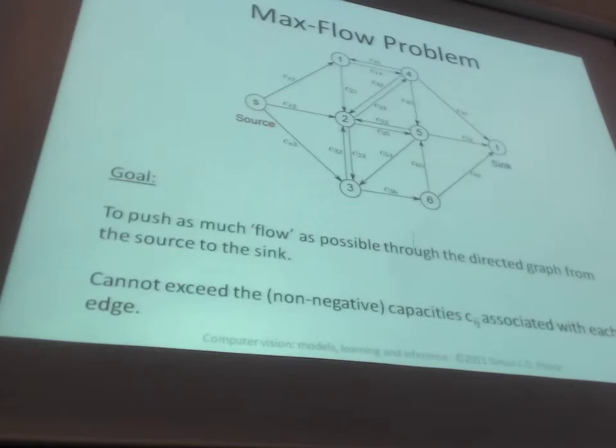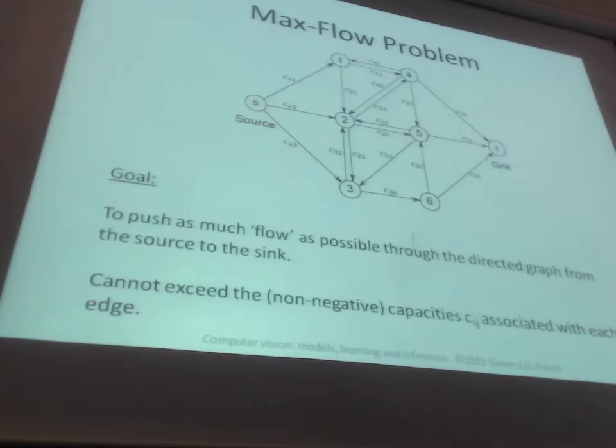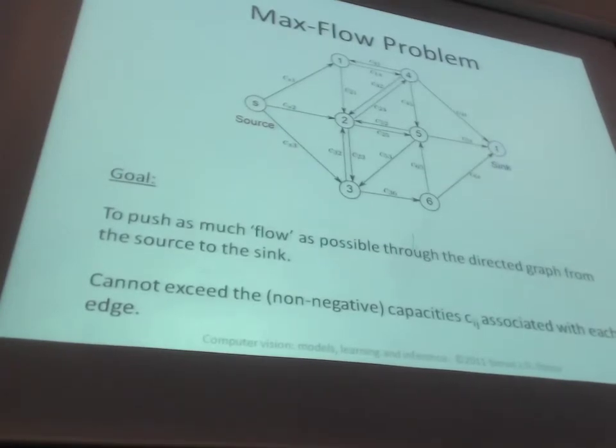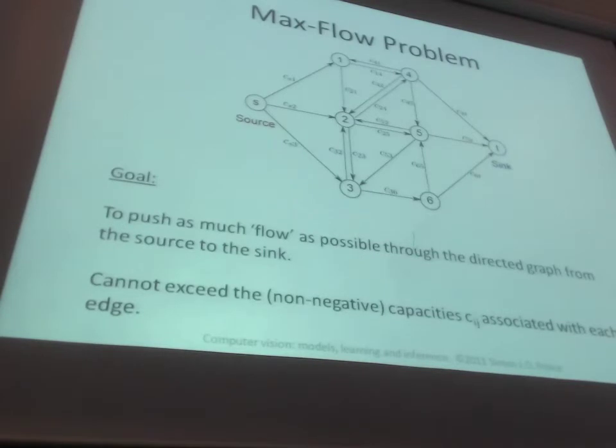We still want to come back to probabilities and random variables, but we're going to do this very deterministic thing, which is pretty standard in computer science texts. First we'll do it as max flow, then we'll see that this is actually the same as min cut.